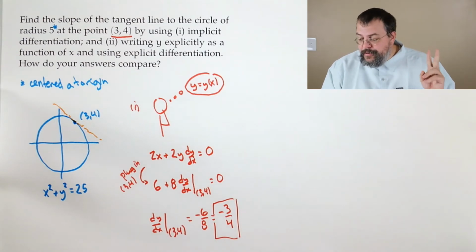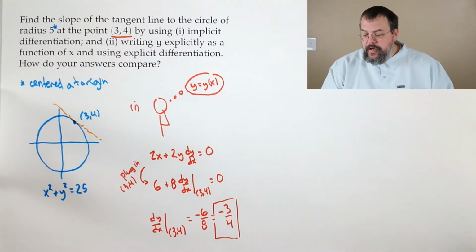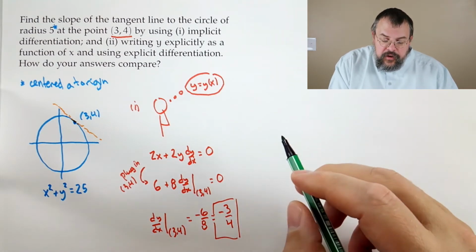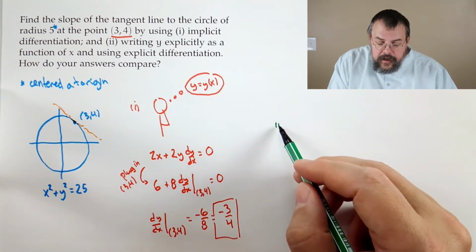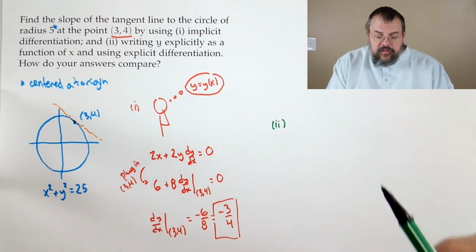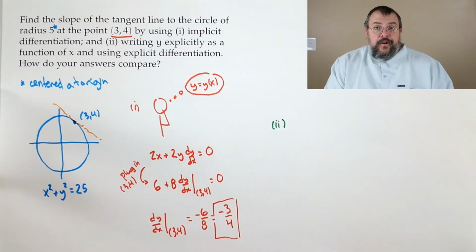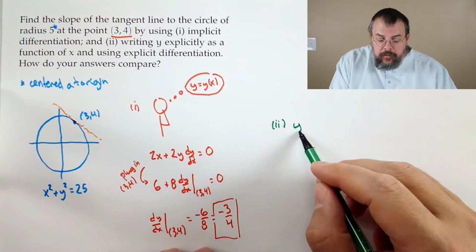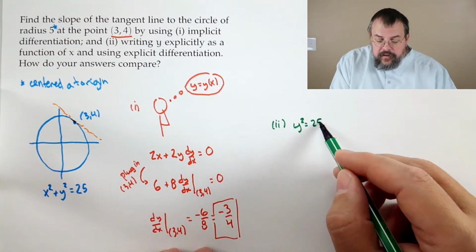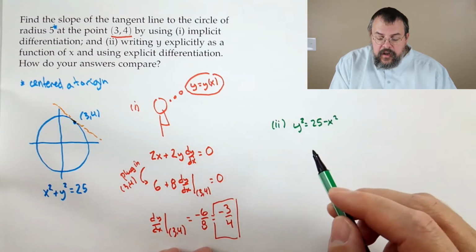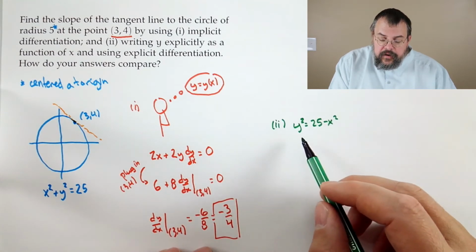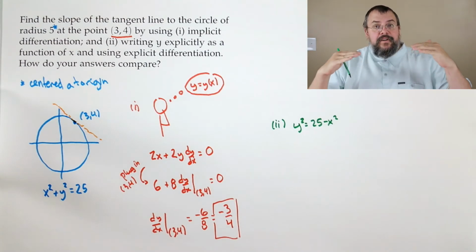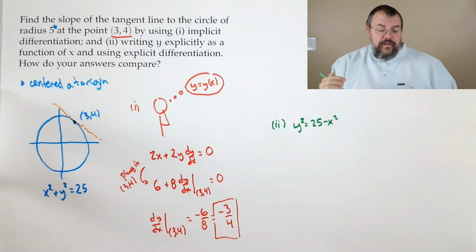Now, method 2. What is that going to be? Well, let's try it out. Method 2 says, let's write y explicitly as a function of x. So we say, all right, well, x squared plus y squared equals 25. We say y squared equals 25 minus x squared. And now we're going to get rid of the square, which means we have to take a square root. Here's where we have to pay attention. Where are we in the circle?